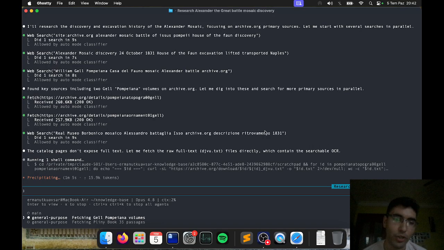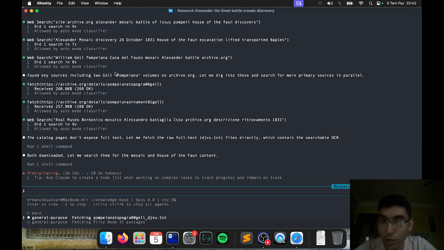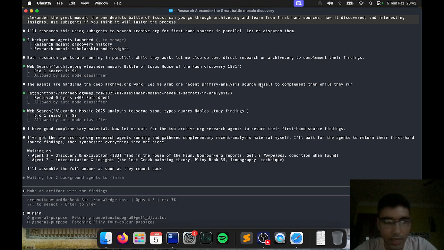But now with my subagent, as you can see, it is finding, for example, the Pompeiana volumes. Probably this is about one of the people who excavated. This was a book about it, I think. While it's searching, it's going to take a while.